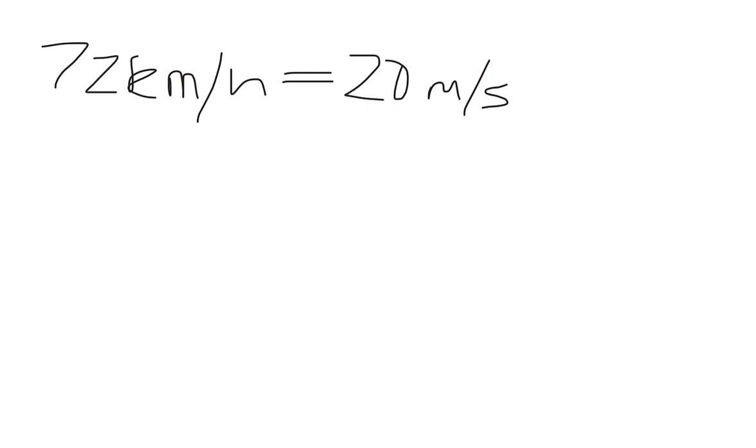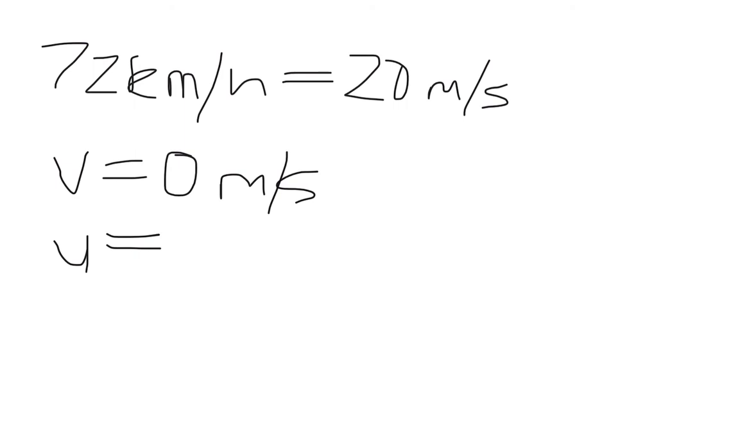So the final velocity will be 0 meters per second. The initial velocity is 72 kilometers per hour, which the textbook has converted for you as 20 meters per second. So we know that u is equal to 20 meters per second, v is equal to 0.